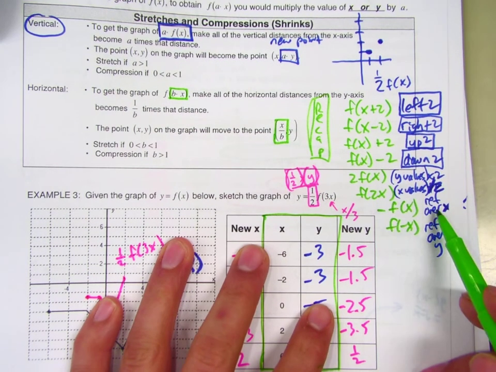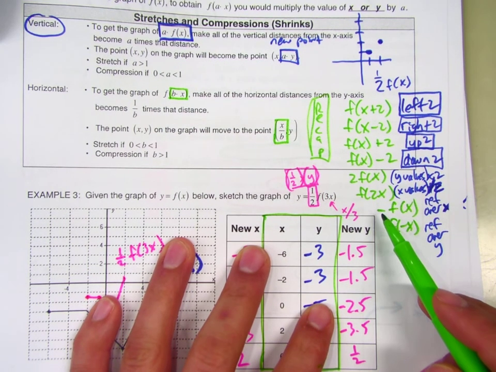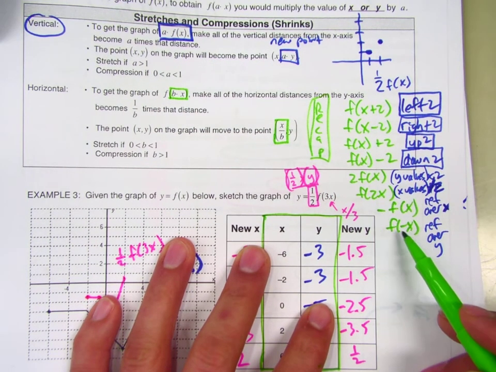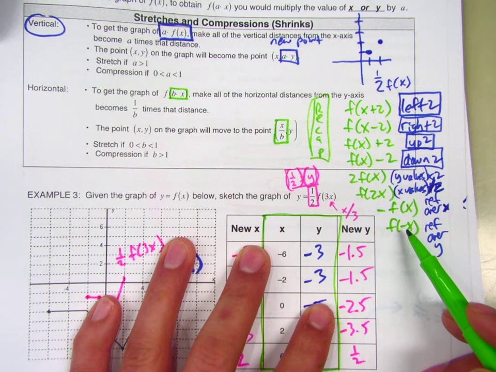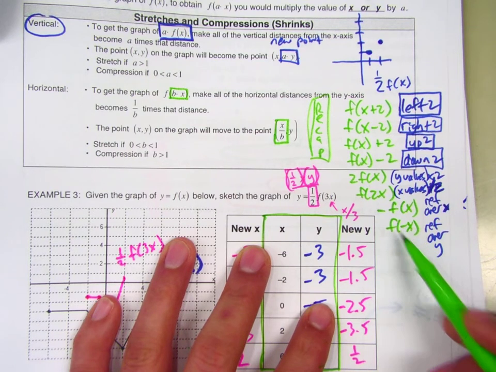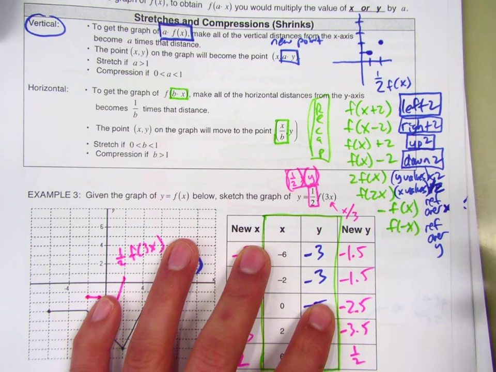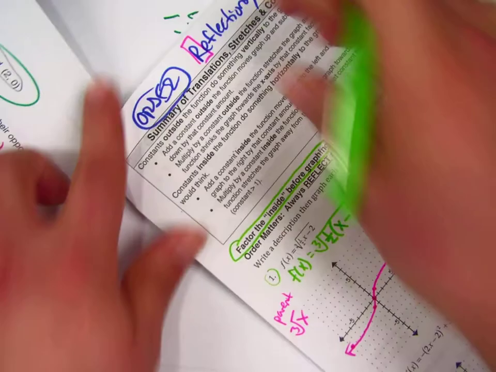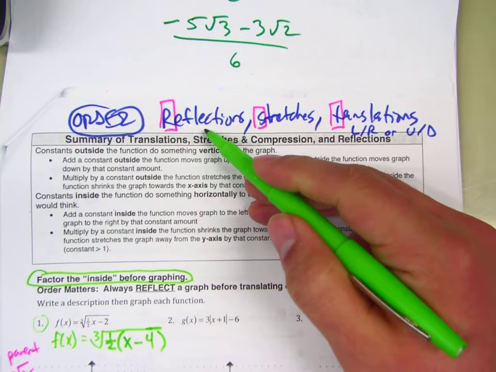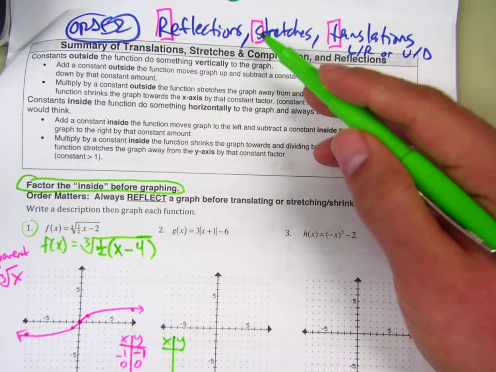In order for there to be a reflection, there's got to be a negative in front of the entire function or a negative in front of the x. Okay? So if we don't see negatives in front of the function or in front of x, there's no flipping involved. Okay? So no reflections, so we're not going to do that.